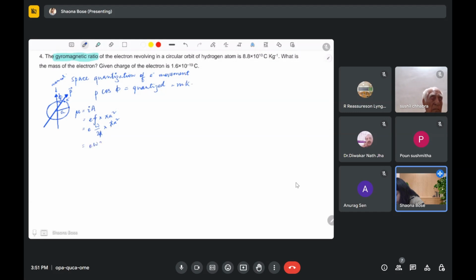So what does this give? E omega a square by 2. Okay, so this is the magnetic moment. Now the angular momentum.